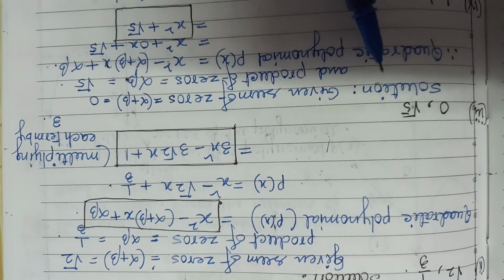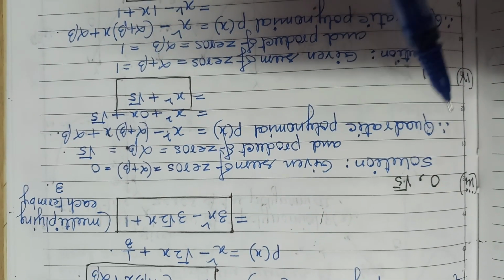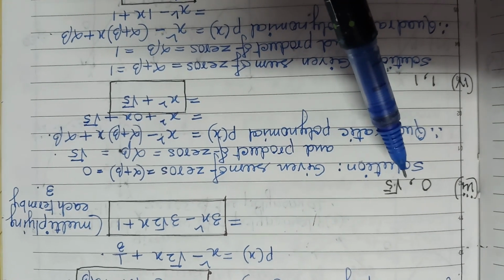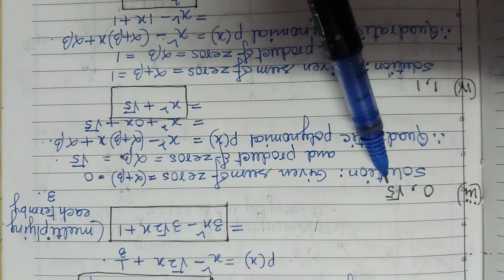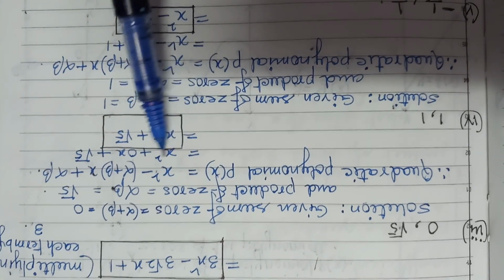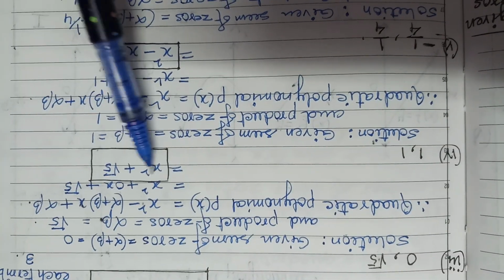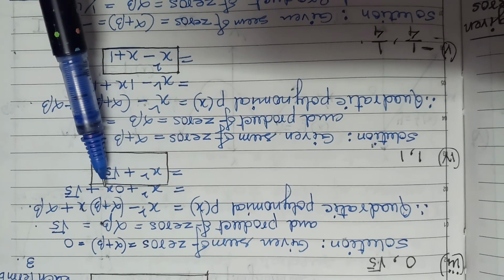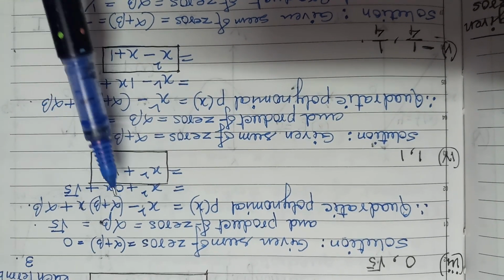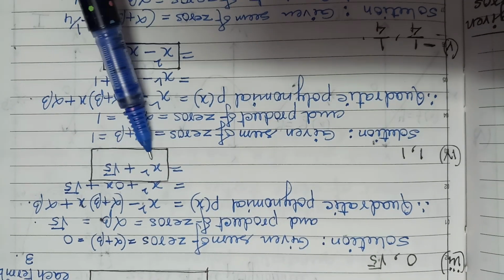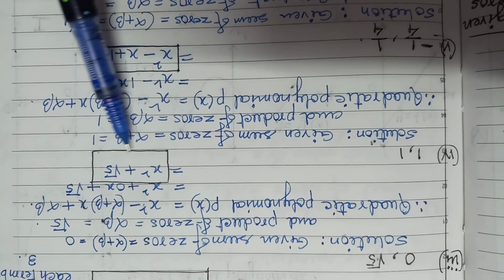Next, sum of zeros is 0 and product of zeros is root 5. Now the quadratic formula again, x square minus alpha plus beta x plus alpha beta. X square plus 0 into x plus root 5. If you substitute the value, x square plus root 5.